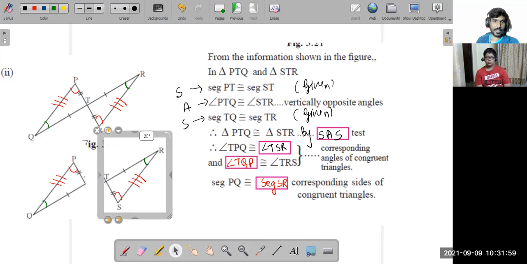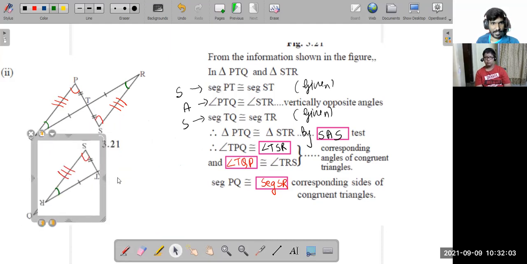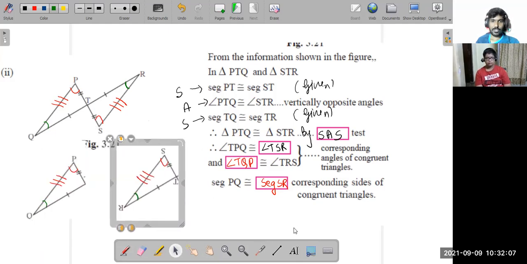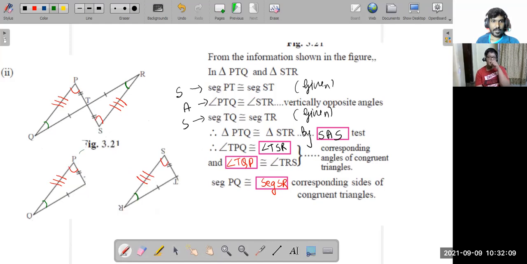But if you flip it like this, then you see exactly it fits. So the corresponding this to this, Q to R, and this was T, no? T to this T, which is common. Got it?